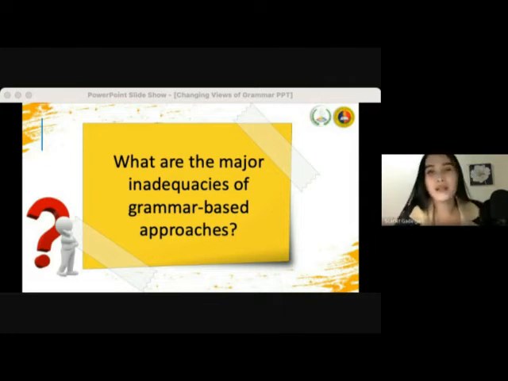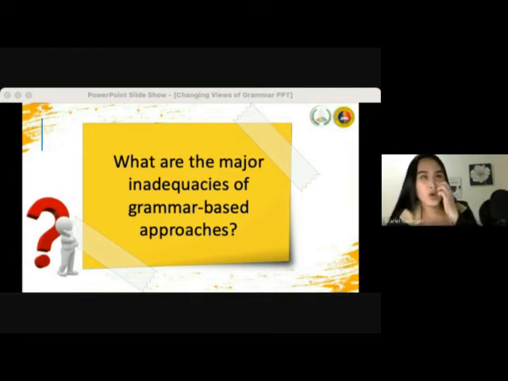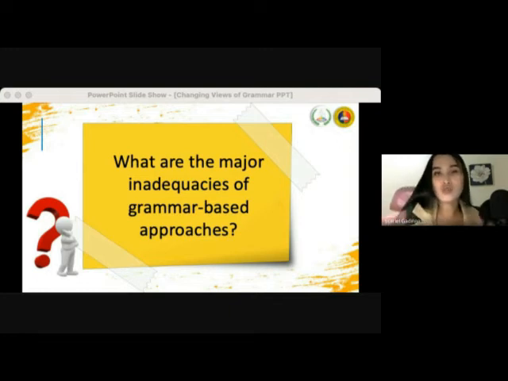That is why Michael mentioned earlier that it's really highly mechanical, meaning to say that the use of the learned structure or the form is based on controlled practice, meaning students are robbed of the opportunity to freely use the language. So there is this lack of free oral production in this kind of approach to language teaching.